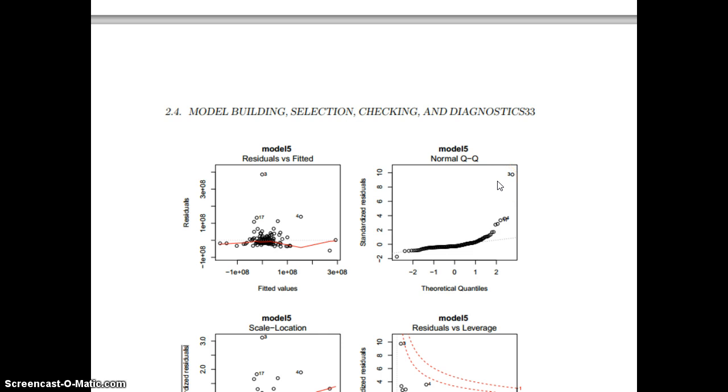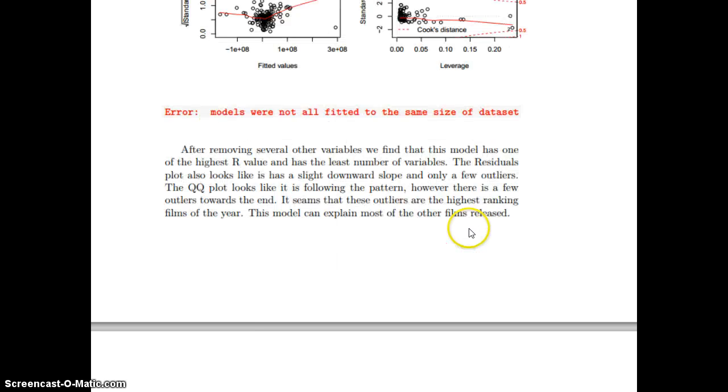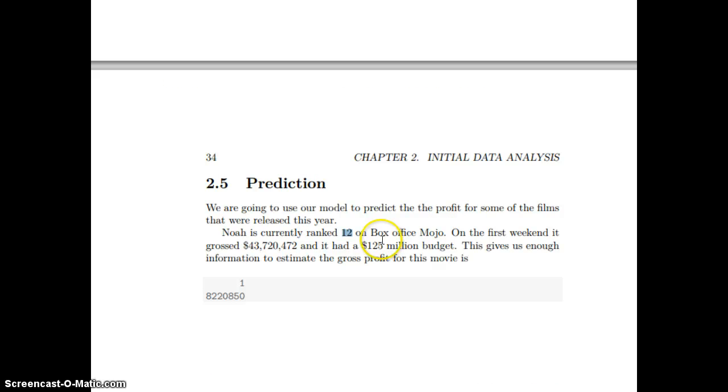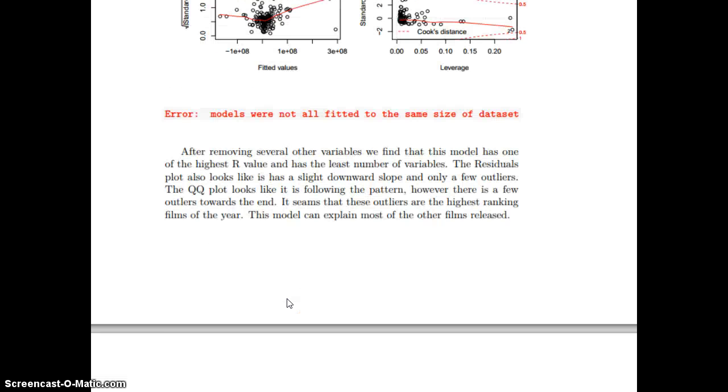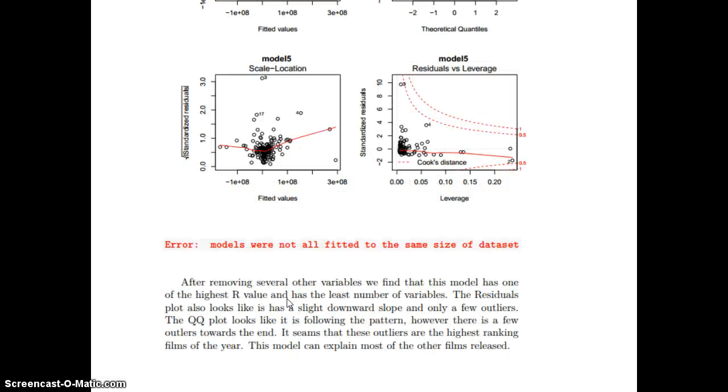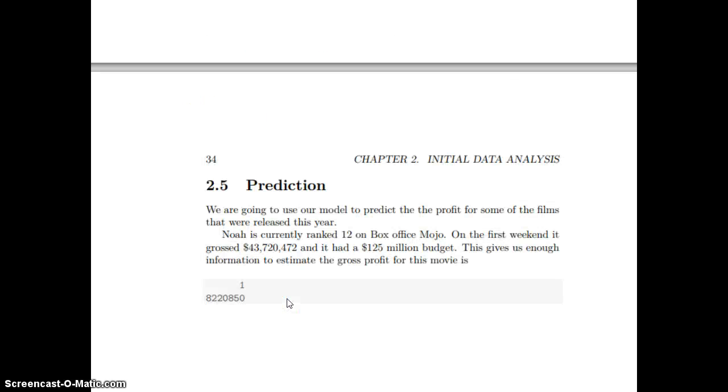It kind of applies to middle of the road movies. So I picked number 12, and I plugged in what it made the first weekend and the budget, and I got this number, the estimated profit. And I was kind of confused because I didn't understand how to interpret it, so I could probably work on that. So yeah, that's how I did the models, and that's basically the conclusion that I came to.